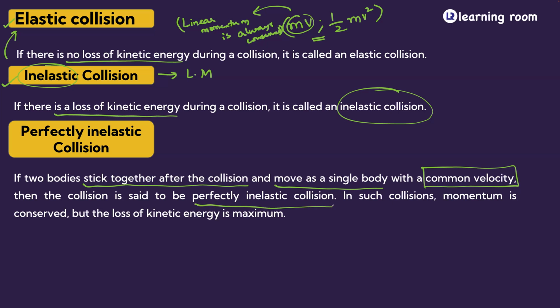In such collisions, momentum is still conserved, but the loss of kinetic energy is going to be maximum. Loss should be there because it is inelastic. The prefix perfectly says that they are sticking together. That's it. Am I clear? So make a note of it.